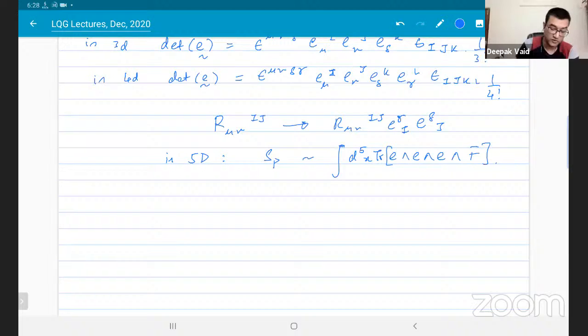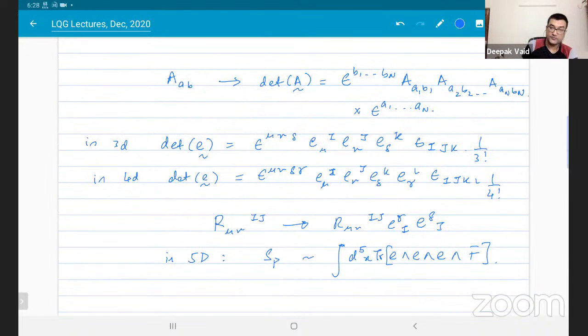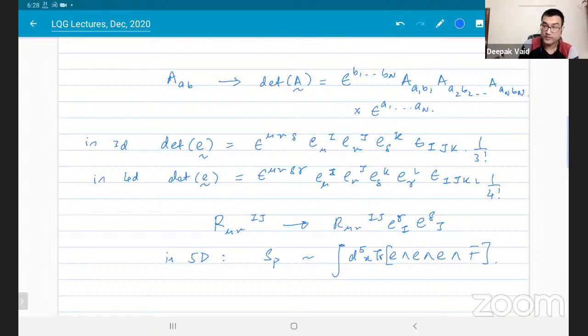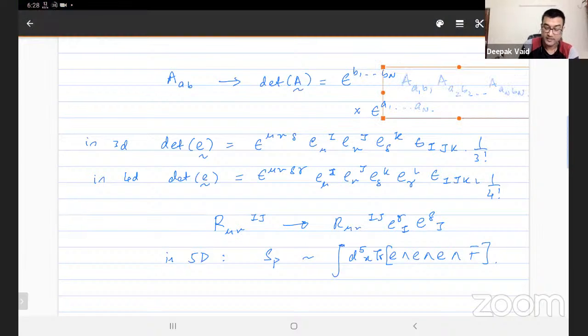But yeah, of course, because of the fact that if you take the determinant of any matrix, it has this form, right? It contains n terms, where n is the rank or the dimension of the matrix, right?